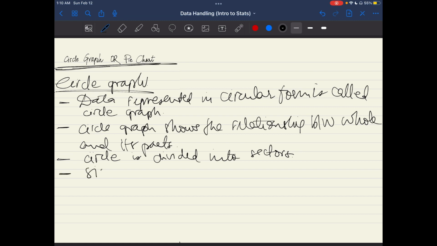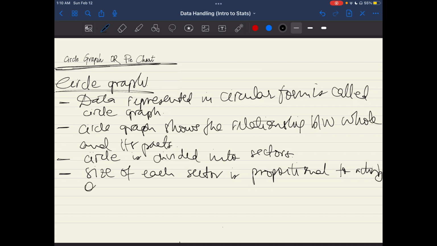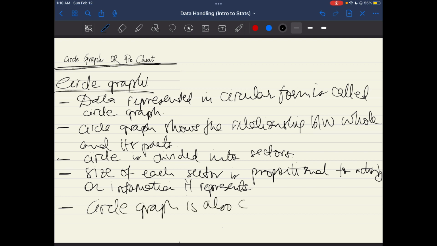The size of each sector is proportional to the activity or information it represents. And a circle graph is also called a pie chart.